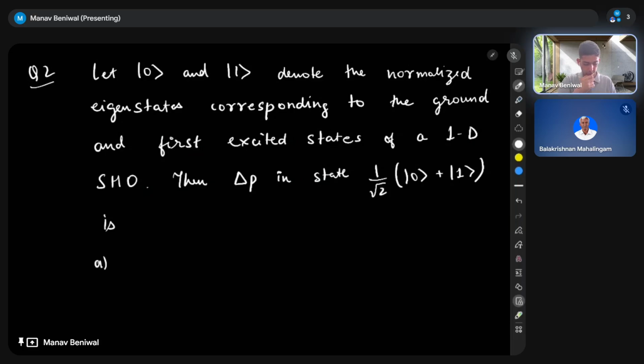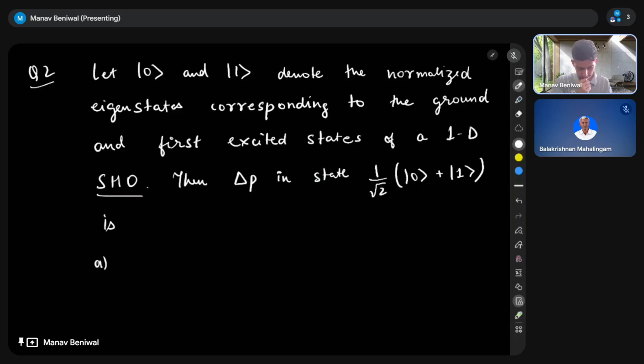Okay, so we are given a one-dimensional simple harmonic oscillator SHO, and then we are asked to find delta p for a given state 1 by root 2 0 plus 1, where 0 and 1 denote the normalized eigenstates.